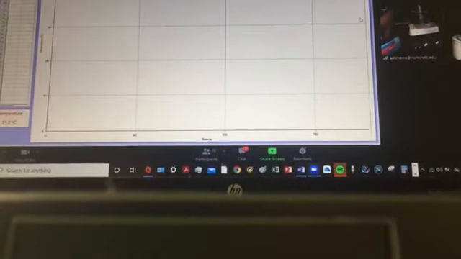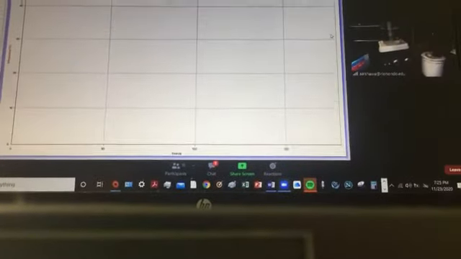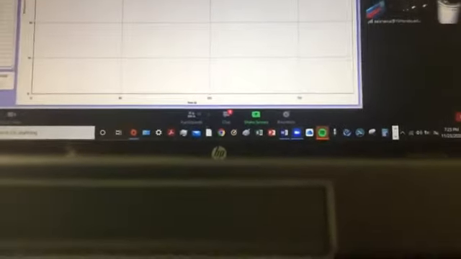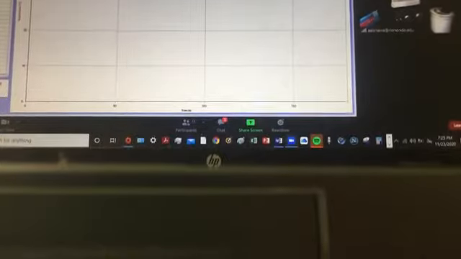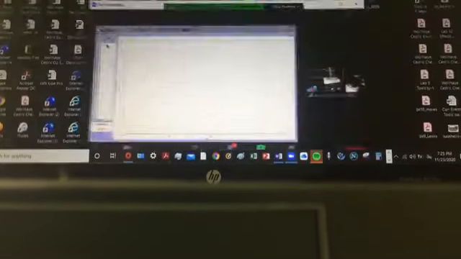I'm going to set it to continuously collect data, and then wait until the temperature of that metal achieves the highest. Okay. And so far the temperature is around 53 and increasing. That's a good part.